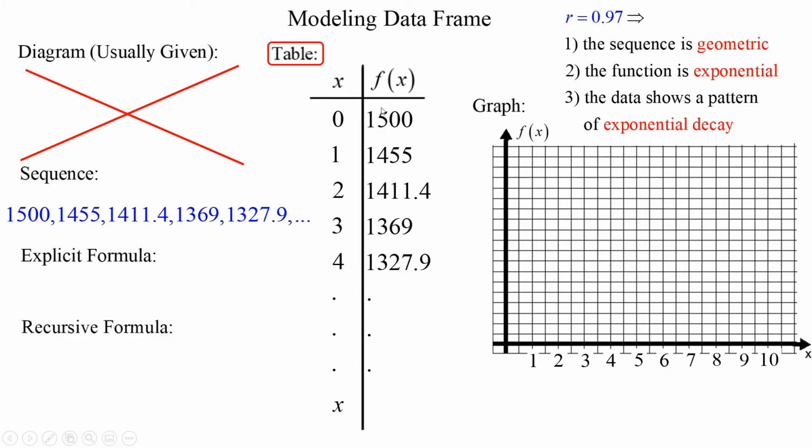Well, look at the data again. My smallest number up here is 1,327.9. Wow. I think I'm going to want to skip a whole bunch of numbers on my vertical axis, so I'm going to break the y-axis, just like that, and then start with a nice clean number.